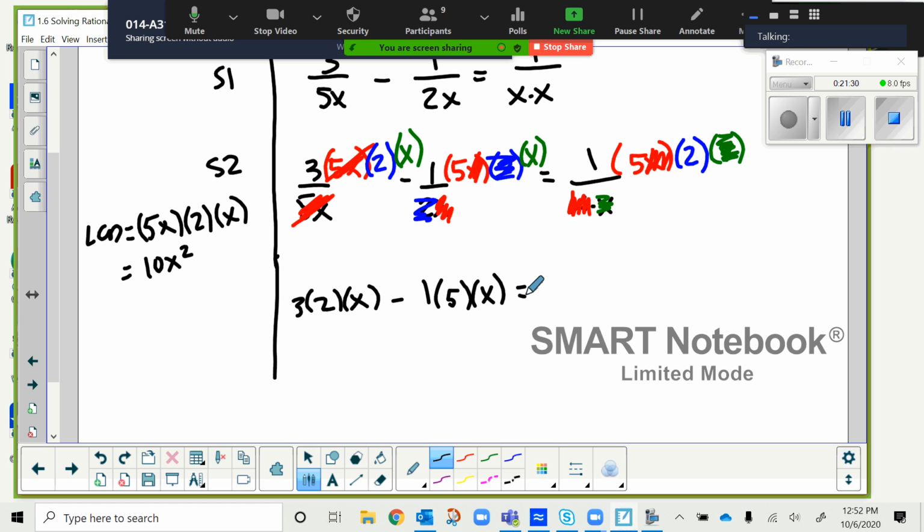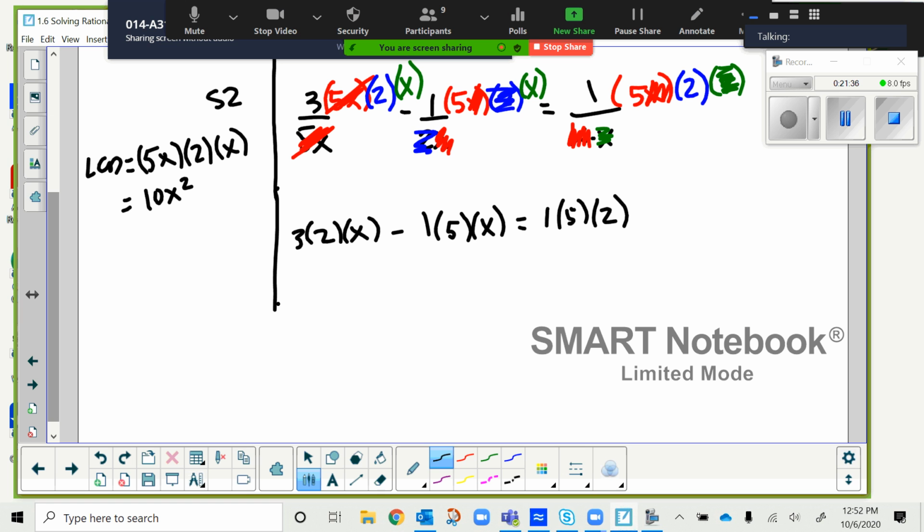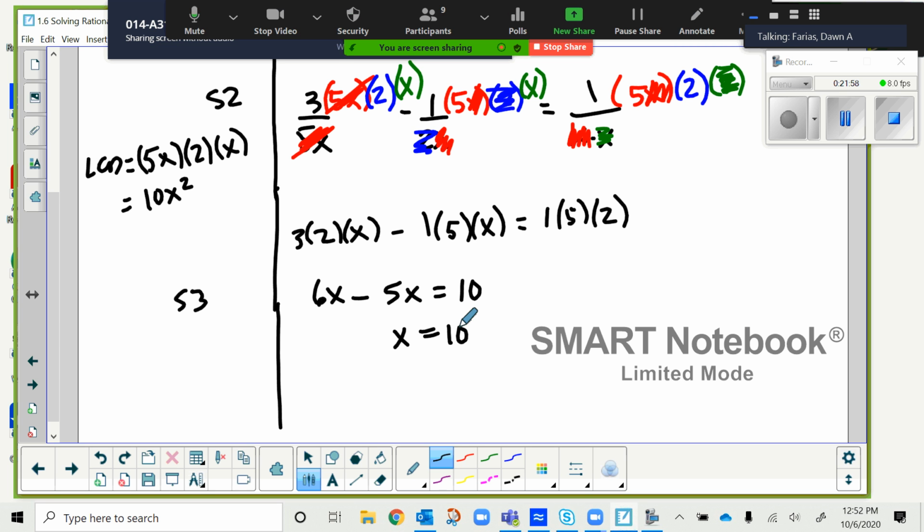And then on the right, we just have 1 and 5 and 2. So step 3 is to distribute or multiply everything and combine like terms. Six x minus 5x is x equals 10. Step 4 is to solve, but it's already solved.